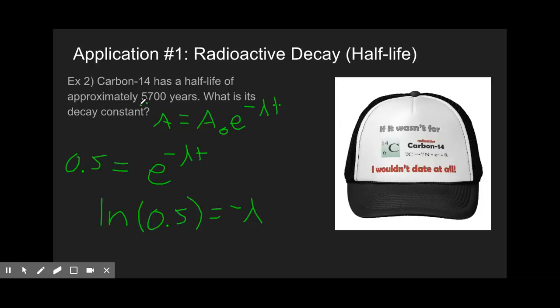Now for t, we're going to go ahead and put the half-life, so 5,700. Okay, so then type in natural log, ln of 0.5 in your calculator. And you get negative 0.693147.